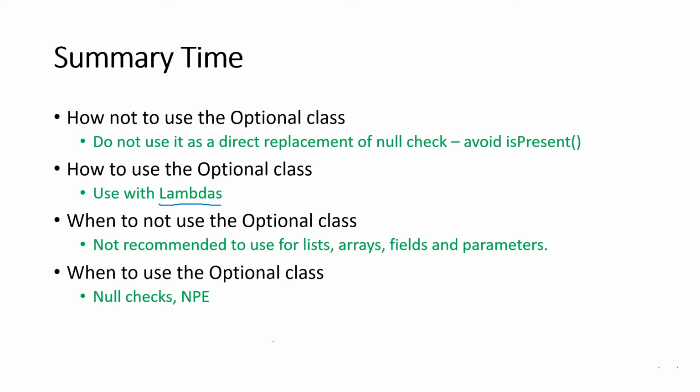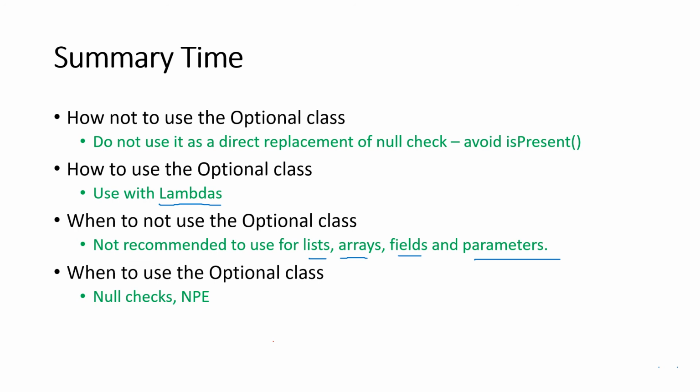Now let's see the third point, that is when not to use the Optional class. It's not recommended to use Optional for lists, arrays, fields, and parameters. Basically it's not a panacea, meaning you cannot use it everywhere. So be mindful of where you use the Optional class.